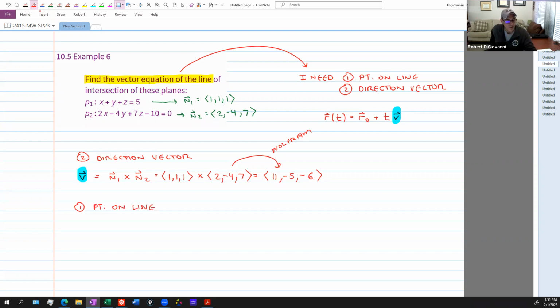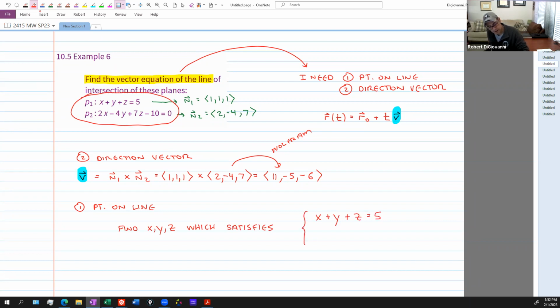I'm going to try and find some X, Y, and Z that satisfy those equations at the same time. I need x plus y plus z equals 5, but simultaneously it needs to solve 2x minus 4y plus 7z equals 10.